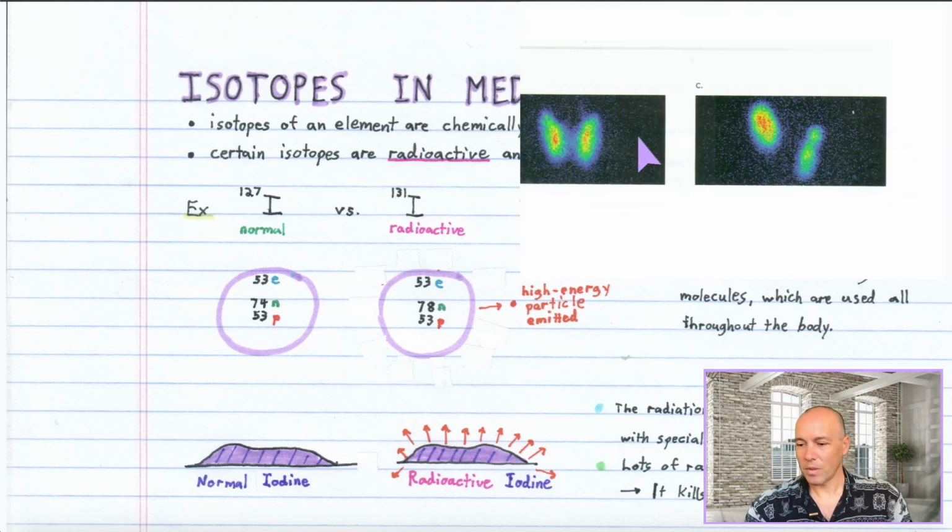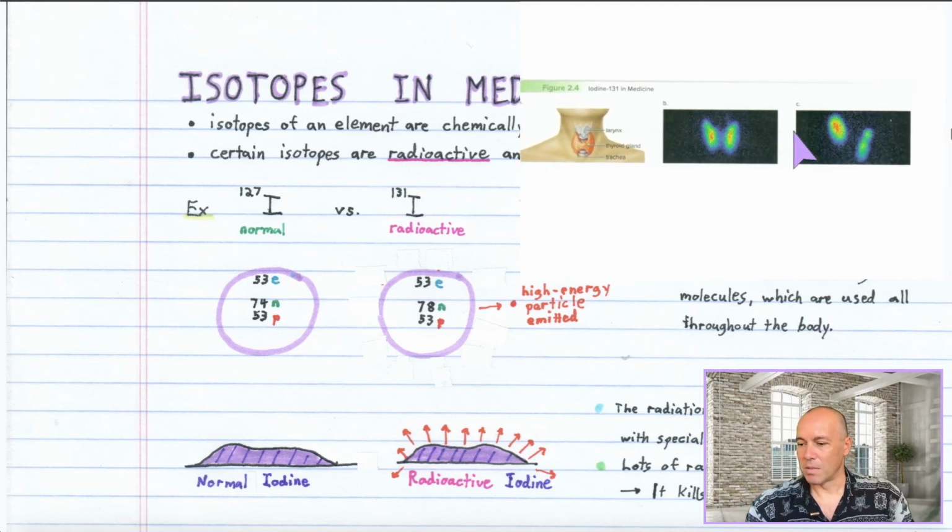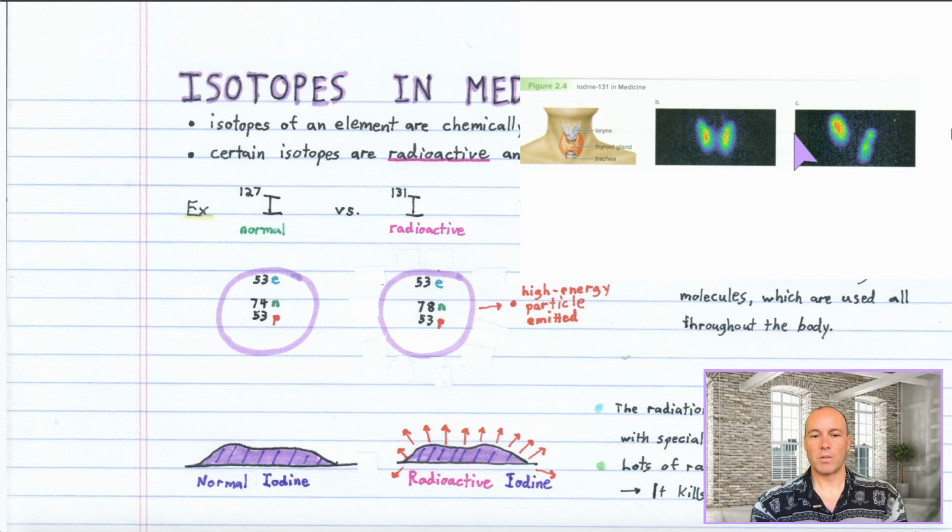And so thyroid scans are very useful in that respect. You're able to use this radioactive substance to take a picture of your thyroid because it shows up on special cameras. So that's a diagnostic use.